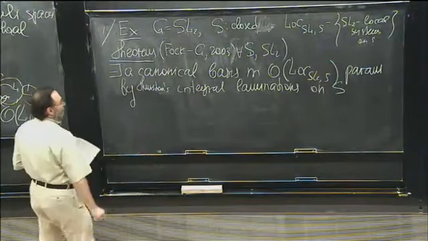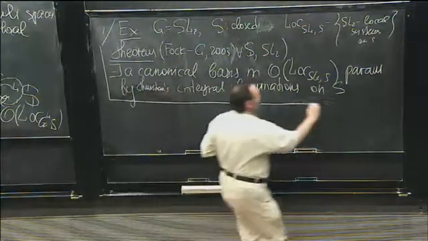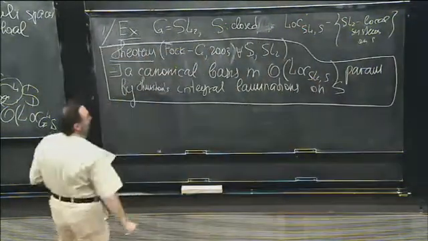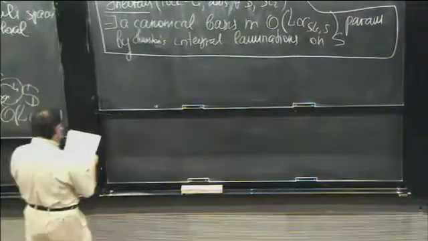So I'm going to explain how this works. Not that I will prove this theorem in a second, but I'll just outline the construction. And in particular, I'm going to define what a lamination is.